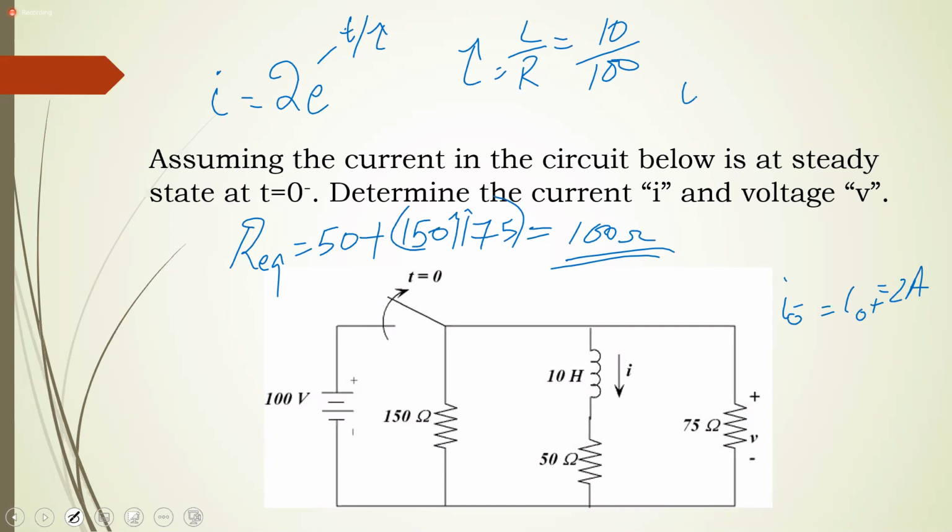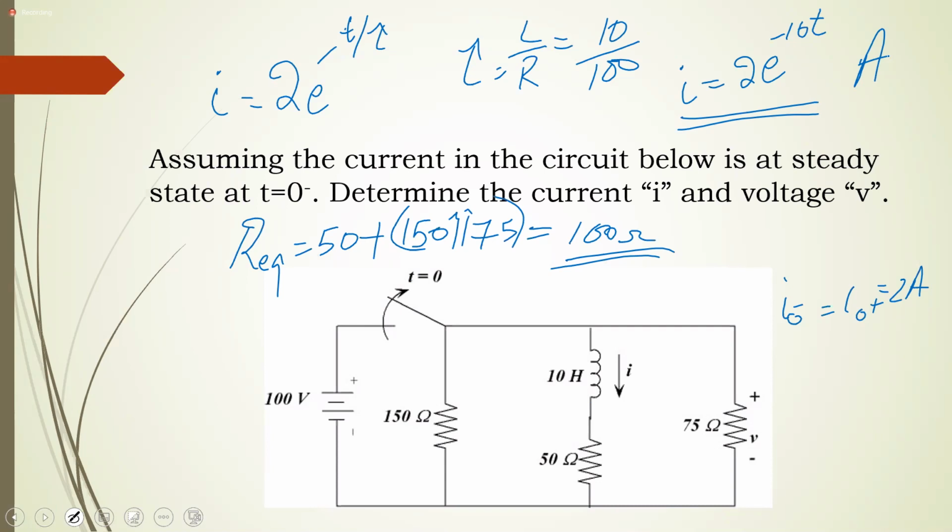So it means that I is equal to 2e to the minus 10t. So that's the expression for the current for the inductor. But what are we interested in finding?